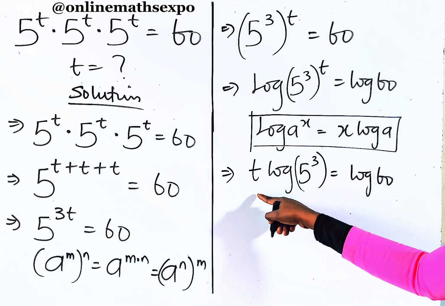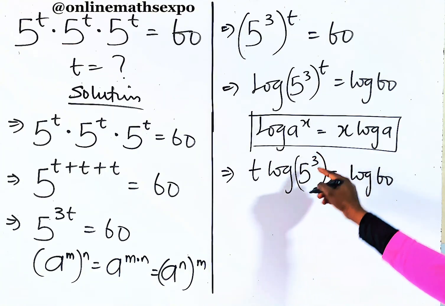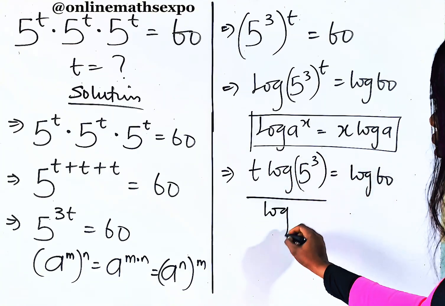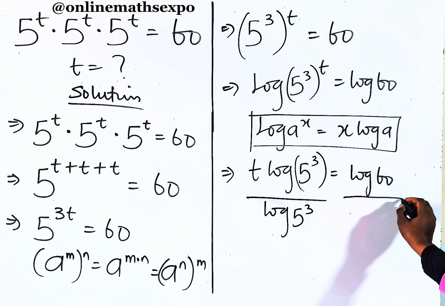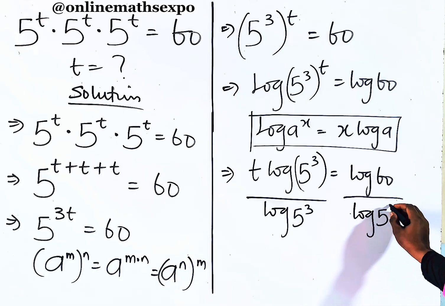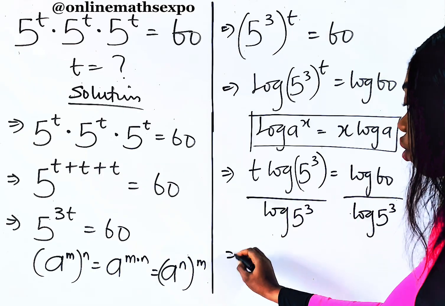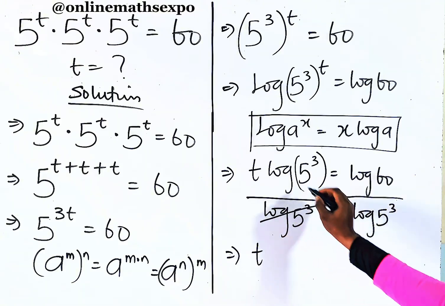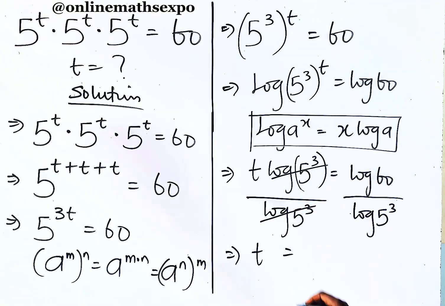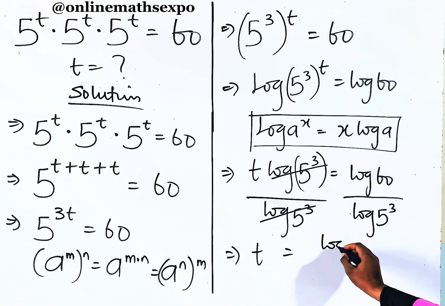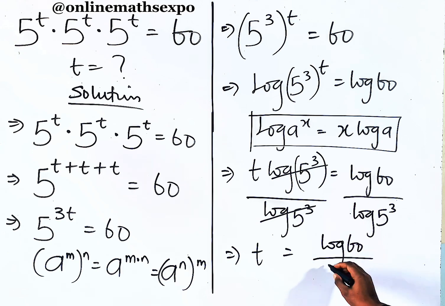So to get it, we divide both sides by log of 5 cubed. In that case, we are going to have t, because this will take off this. So we have t is equal to log of 60 divided by log of 5 cubed.